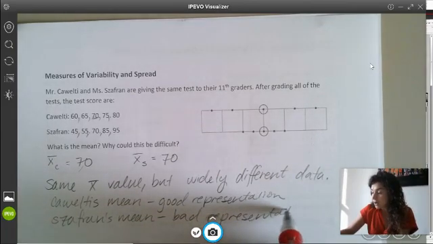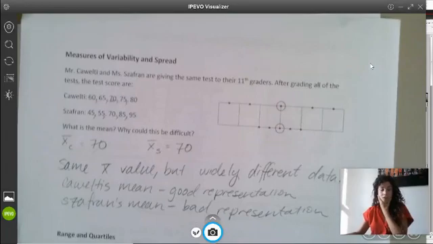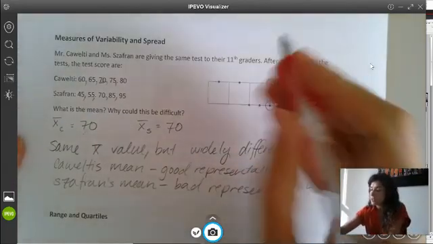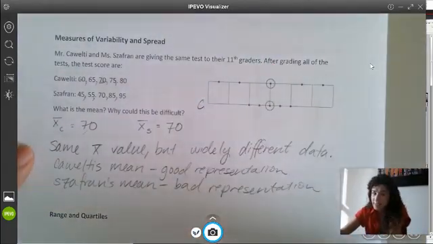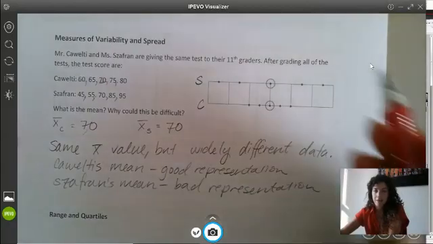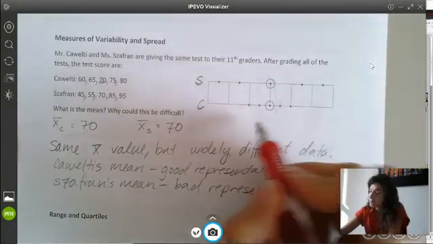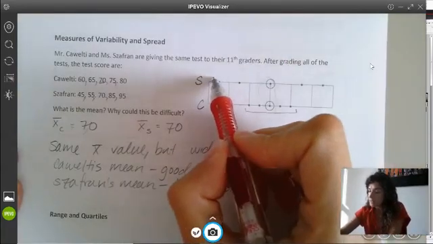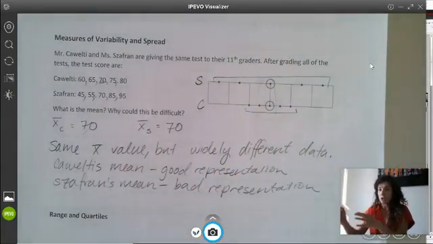So sometimes relying on just the central tendency to summarize data can be very misleading. So you have to think about how spread out the data is. You can see here, this right here is Kuwelty's data, and this right here is Zaffron's data. Still, the mean is the same, but here you can see that the spread is very, very small, whereas Zaffron's is a very large spread.